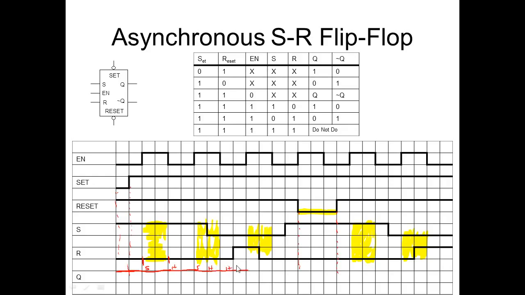Hold because we're disabled. Now we've got a high on reset, a low on set, so we're going to reset the flip-flop. And then two lows is going to hold. And then here we're going to hold because we're not enabled. And here we've got reset goes low. Well, remember, if this reset goes low, Q goes low.